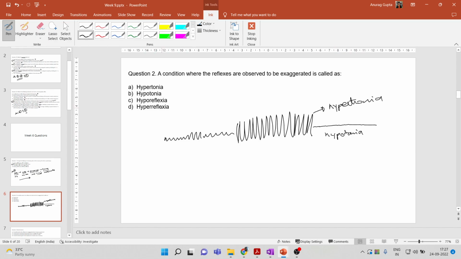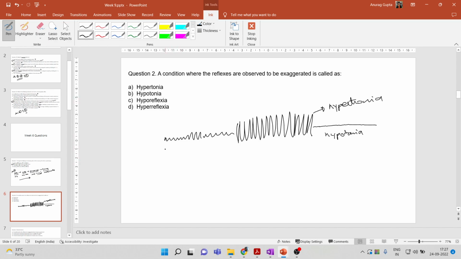And then we have hyporeflexia. We have seen reflexes, for example the T reflex and the H reflex. If the response for these reflexes is depressed or less, then the situation is called hyporeflexia.